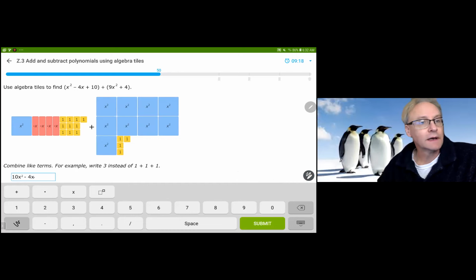Negative 4x squared. There we go. And we've got 1, 2, 3, 4, 5, 6, 7, 8 x's, plus 8x. My units got canceled out, didn't they? Because if you take 7 minus 7, you get 0, and negative 4x squared plus 8x is correct.